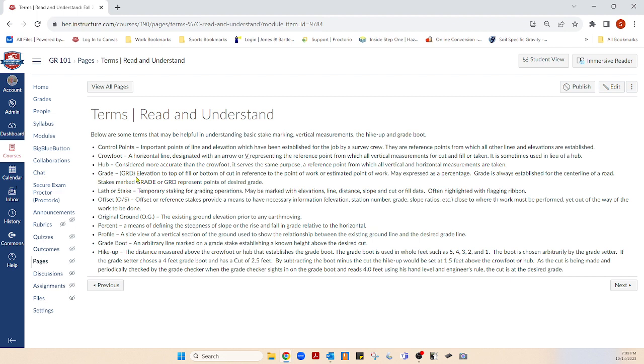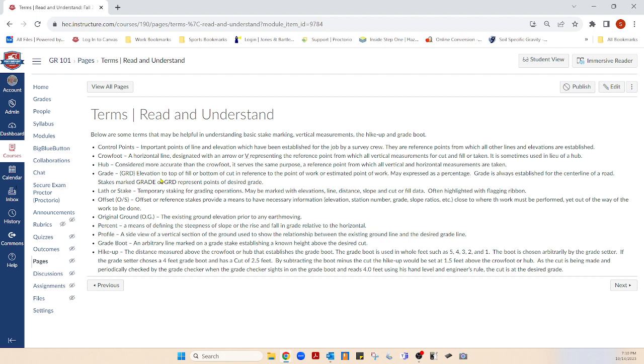There's a hub. I've described that. Grade is the elevation to the top of a fill, if we add dirt to bring the grade up higher, or it's the elevation down to the bottom of a cut, the bottom of a trench, let's say. Those will all have grades, and grade is based on sea level, how many feet above sea level.